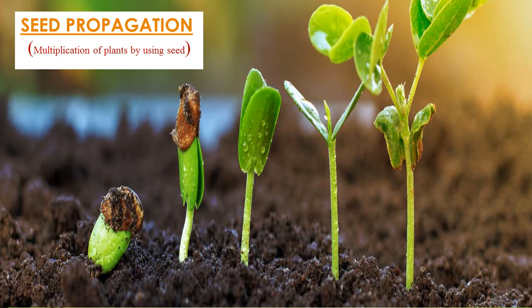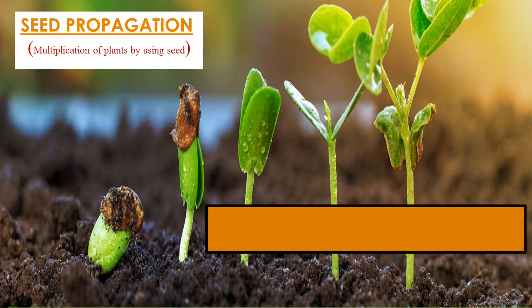It is the reproductive structure in which, after pollination and then fertilization, a zygote is formed by the mating of two gametes, and this zygote develops into an embryo in the seed. The seed can germinate into a new offspring or new plant. So this is the method of sexual reproduction. By this method, plants can be multiplied.